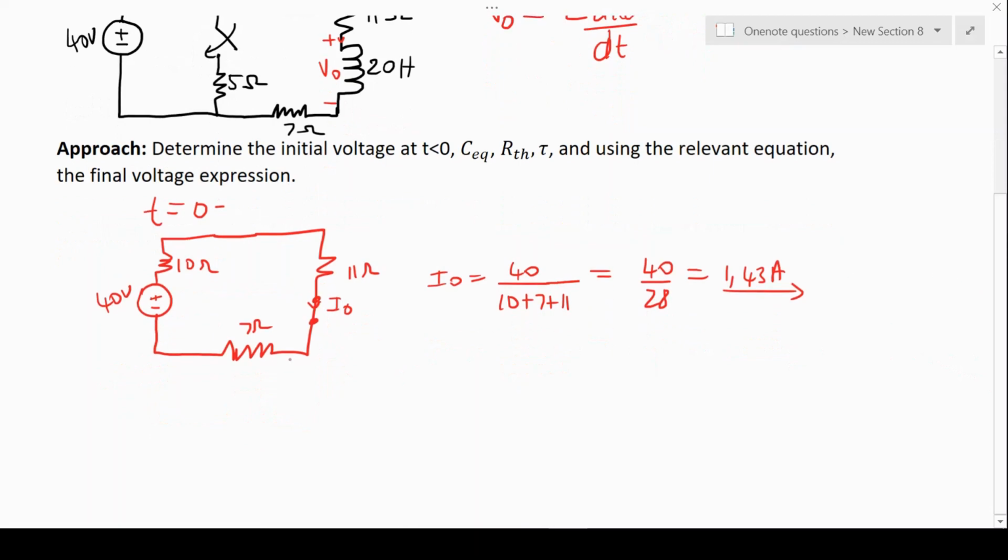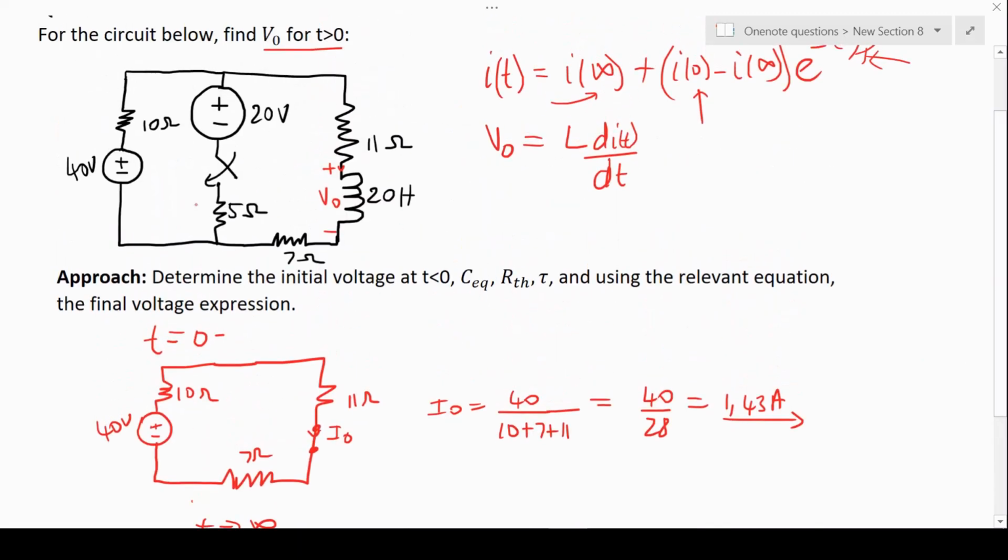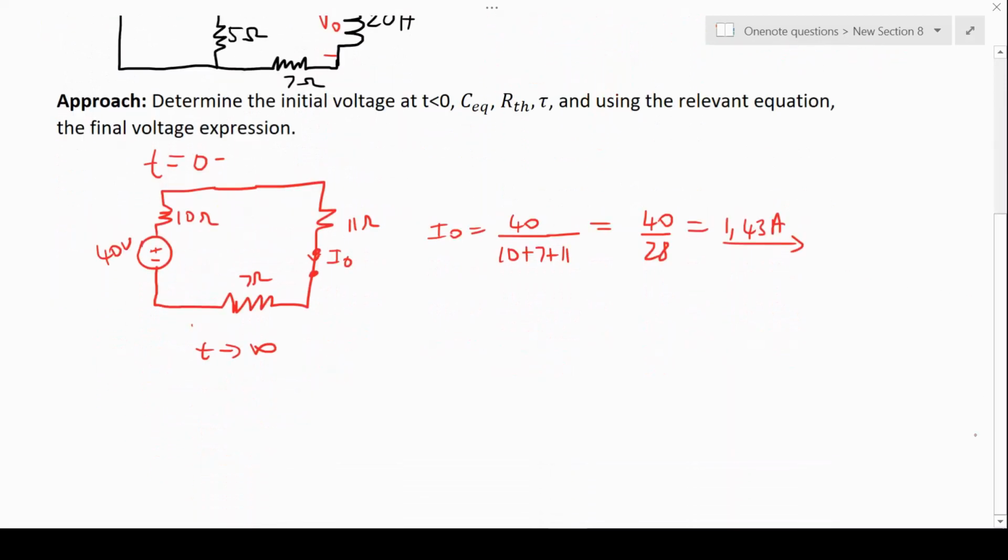What about the final current? So at t tends to infinity, what will happen? We know that the 20 volt voltage source will now be part of the circuit.